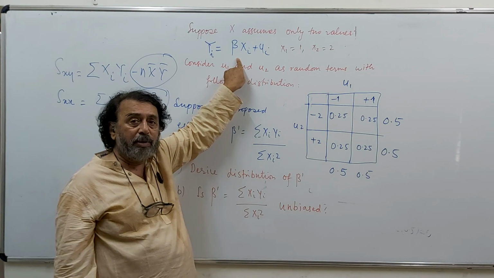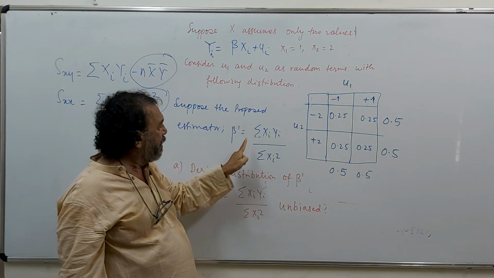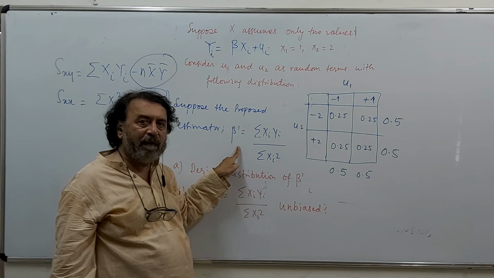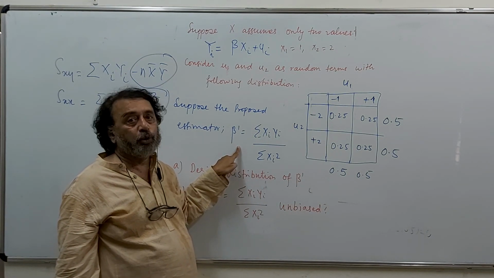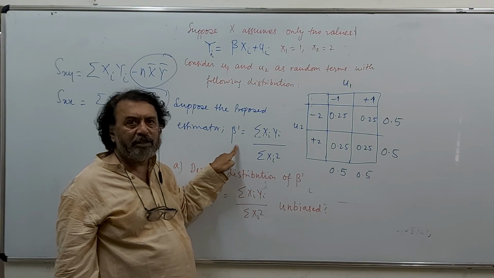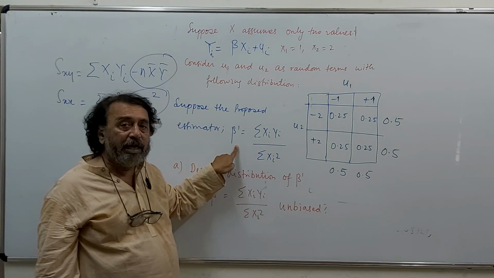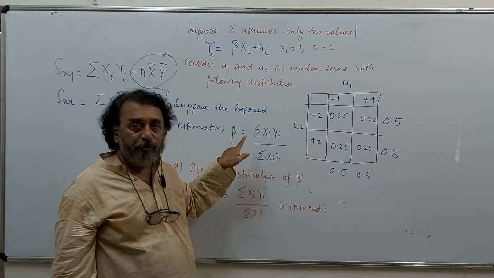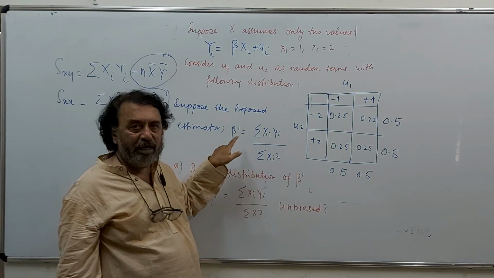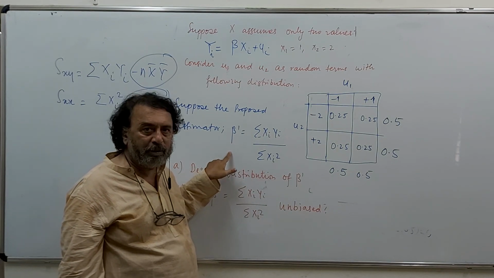But what about the variability? Because if the sample results vary, that means if the beta hat for all possible samples vary, there will be a variability of beta hat associated with the expected value of beta hat itself. And that's what we call the variance of this estimator. That means if the estimator means this formula, if we use this formula, it will generate different values of beta hat for all possible samples.